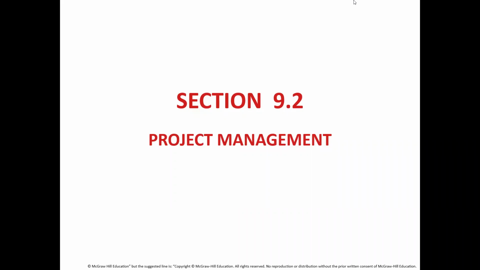Section 9.2, Project Management. This section takes a look at extending an organization through supply chain management and discusses the reasons for supply chain management's explosive growth, using supply chain management to enhance decision-making and supply chain management success factors. Traditional supply chain management thinking involved, I buy from my suppliers, I sell to my customers.